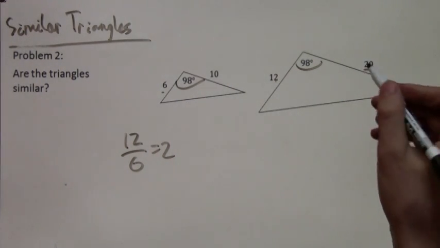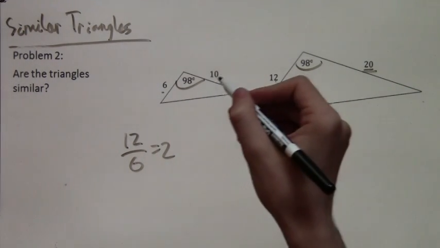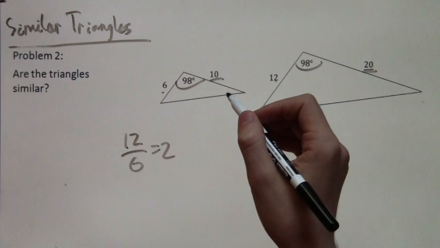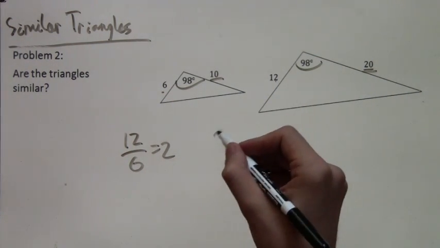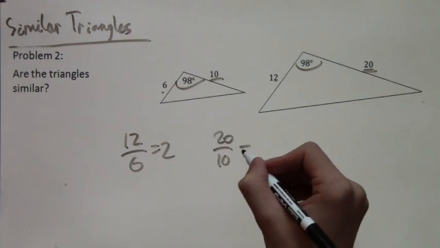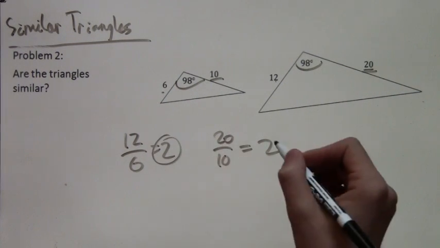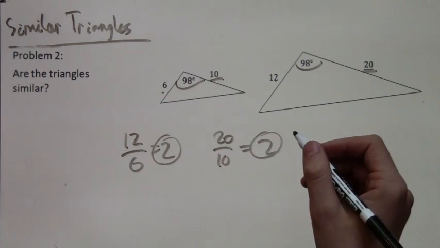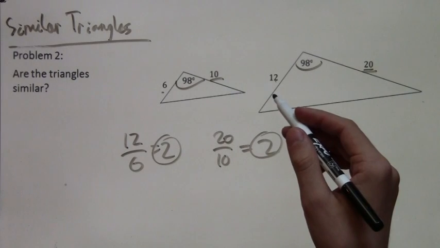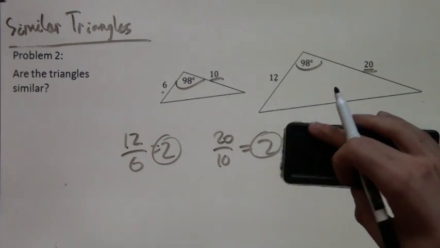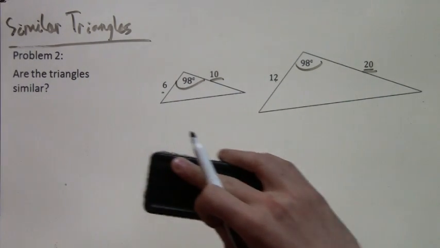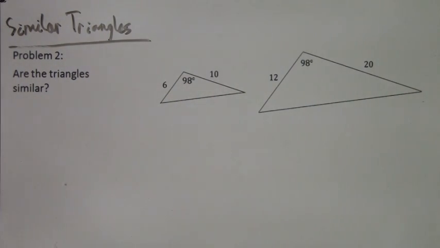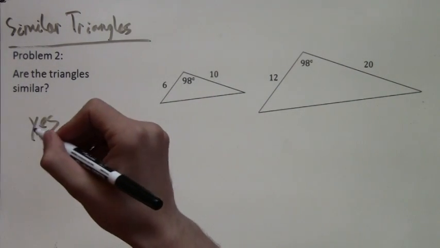That's the ratio of the larger one to the smaller one. Then we have 20 and 10 as the corresponding other sides, and 20 over 10 is equal to 2. Since both ratios are equal to 2, we have equal ratio and equal angle in between the two sides with equal ratio. So yes, the triangles are similar by SAS.